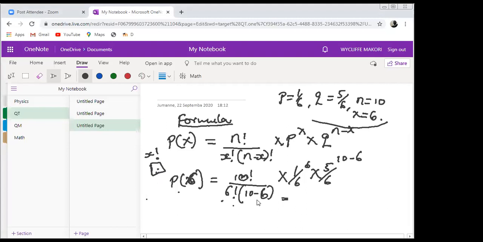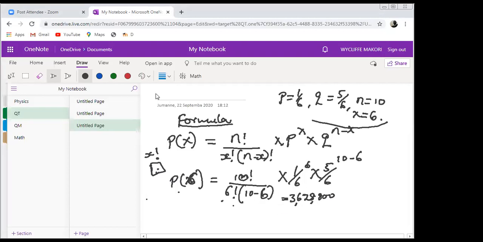What is the figure that you are getting? 3 million, exactly. 628,800. Yes, 800. Exactly.